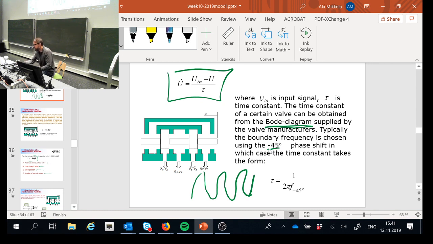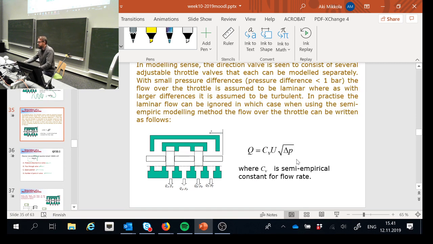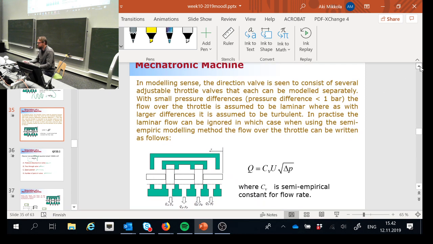And this is the value that you can take from the manufacturer's catalog, put it here, and the time constant is here. Okay, so then the actual valve model can be described like this. So I have here flow through the valve. I have pressure difference.